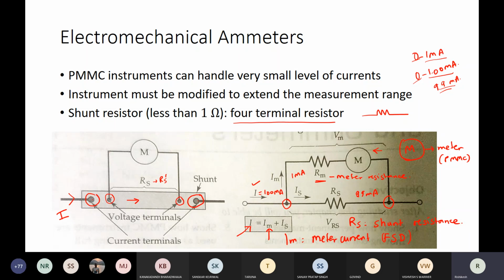The dimensions and the material used are chosen such that the voltage terminal resistances will not change. So effectively, the resistance between these two terminals will be used as the fixed value of Rs, that is the shunt resistance. So please remember this. In the case of shunt resistance, we use a 4-terminal resistor instead of common 2-terminal resistances.